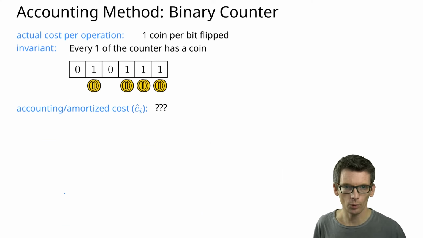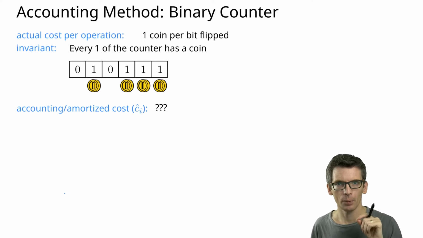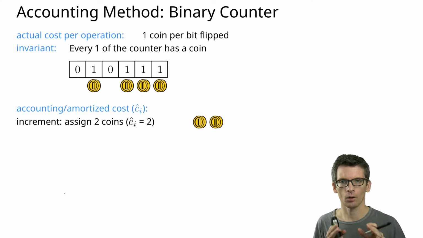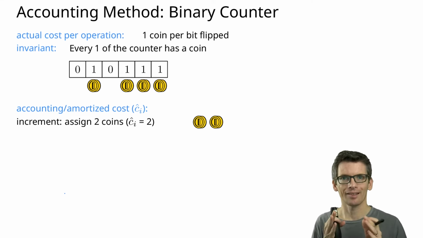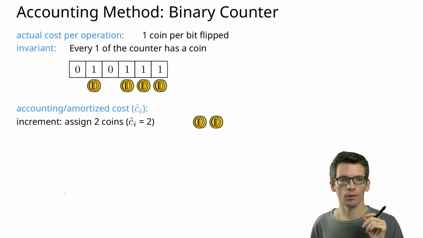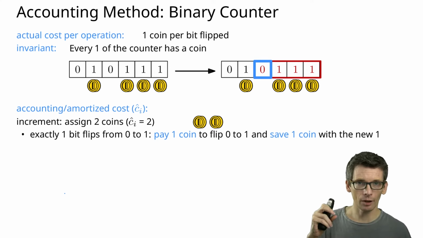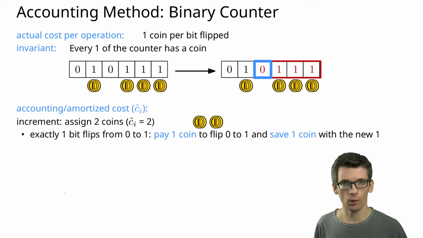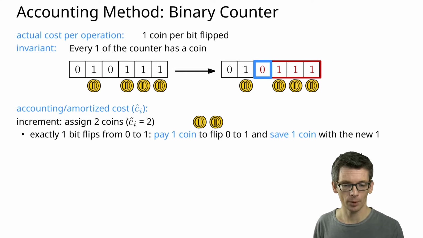Okay, so how do we set our cost then? Every time we increment, we assign to each increment 2 coins, because this allows us to pay for the following. With every increment, there is a 0 that goes from 0 to 1. So here in our example, this 0 becomes a 1.